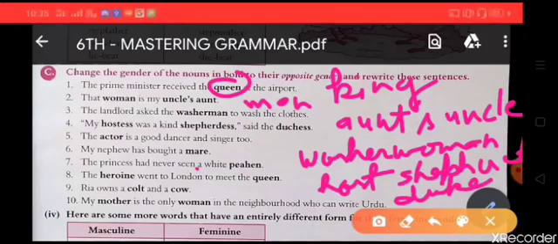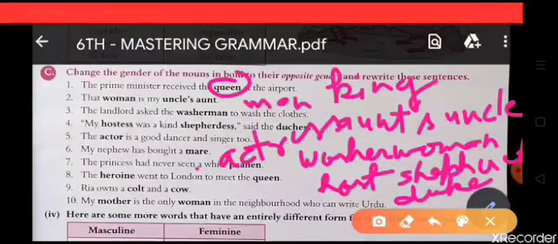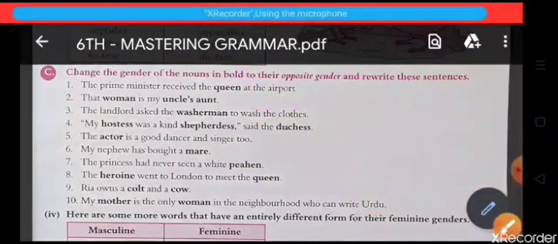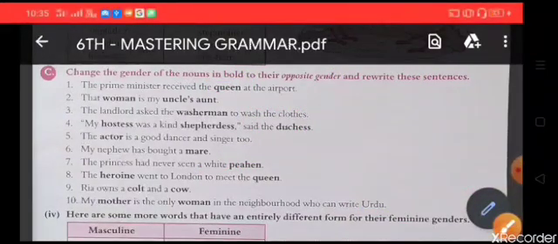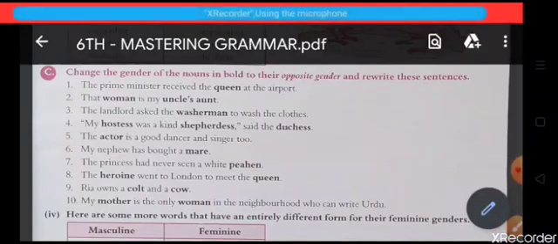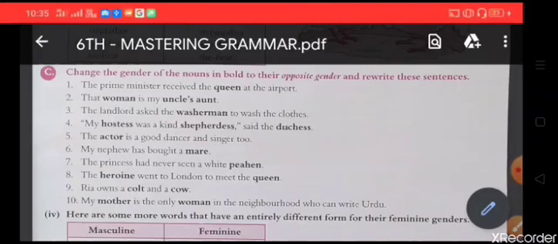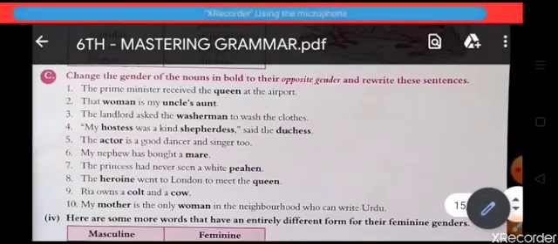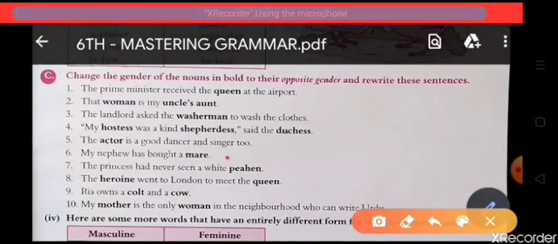Next, the actor is a good dancer and singer too. The actress is a good dancer and singer too. Now next, my nephew has bought a mare. My nephew has bought a horse.